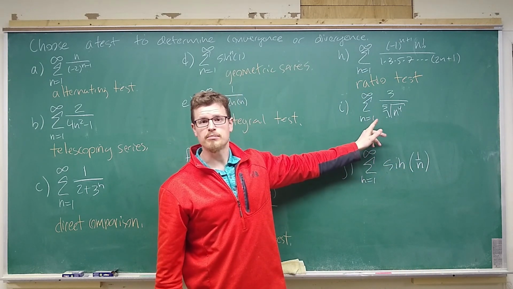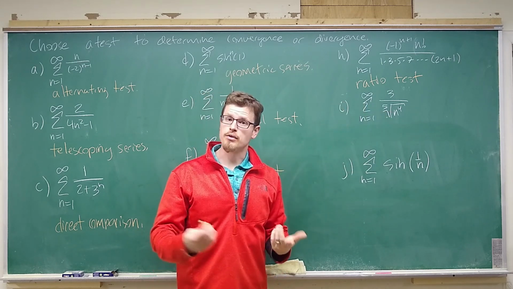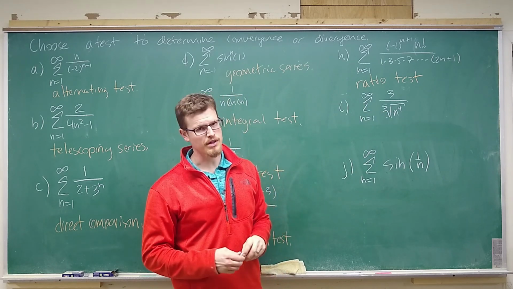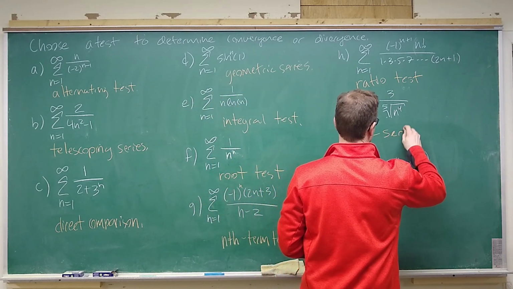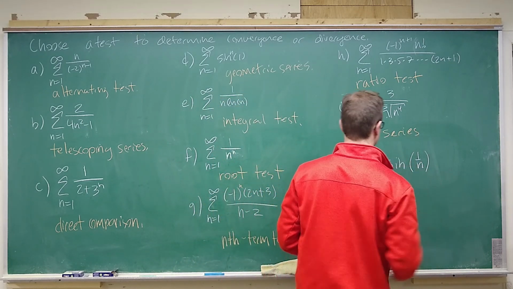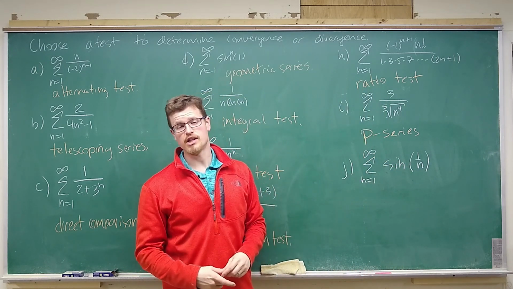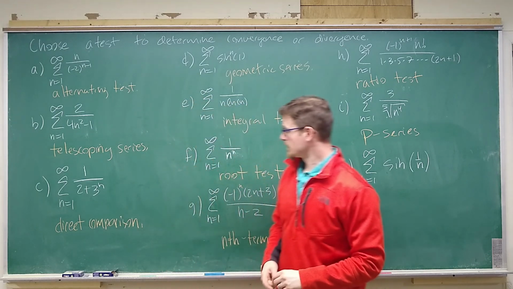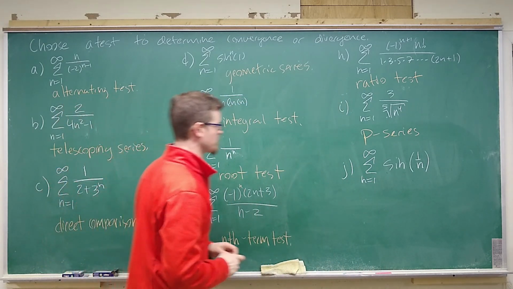For our next example, if we were to write this denominator using exponents instead of radicals, we would notice that we have a p-series. And for this last example, by a process of elimination, we know that we need the limit comparison test. Yes, limit comparison.